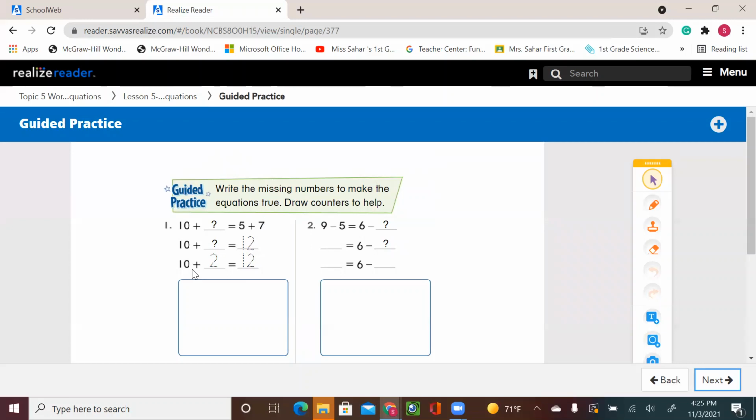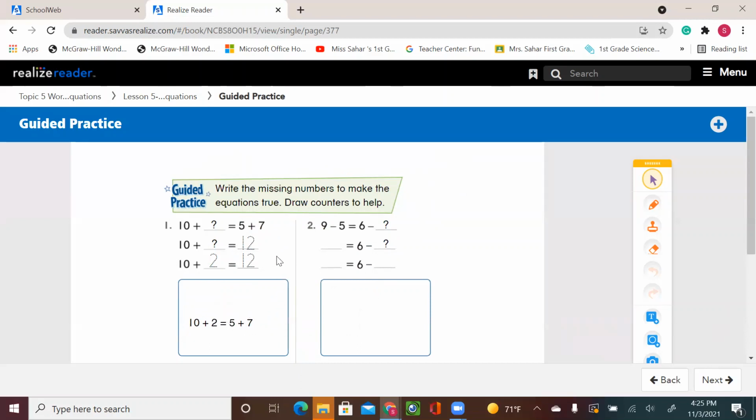Since I know that 10 plus 2 equals 12, 10 plus 2 equals 5 plus 7. So I'll write here 10 plus 2 equals 5 plus 7, which is 12.